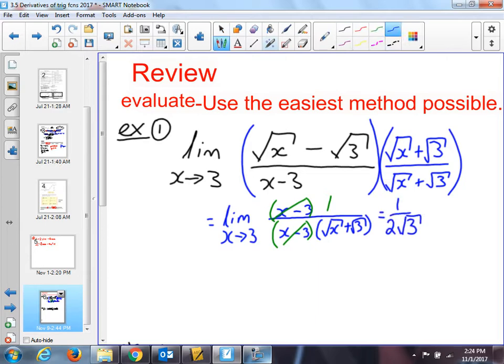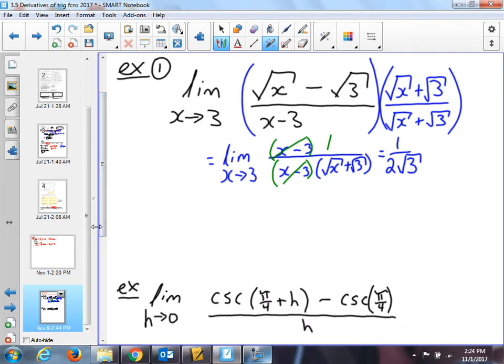Let's see if we try recognizing that this is essentially one variation of the definition of a derivative at a particular value, right? The function must be root x, because then when you plug x equals 3 into root x, you get the second one. So let's just see if it works the other way.